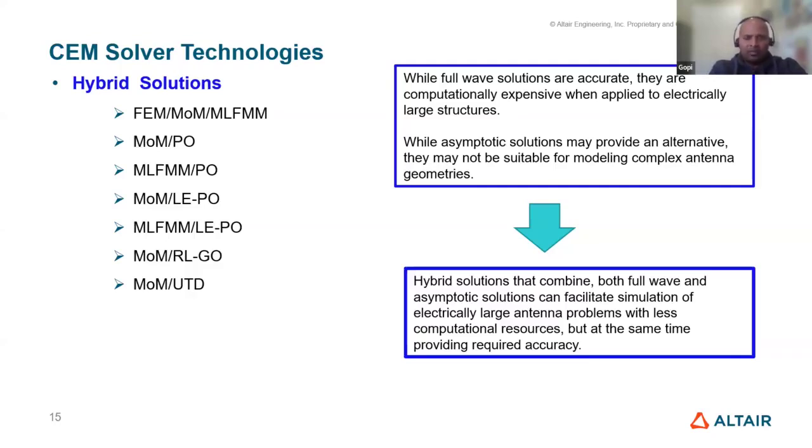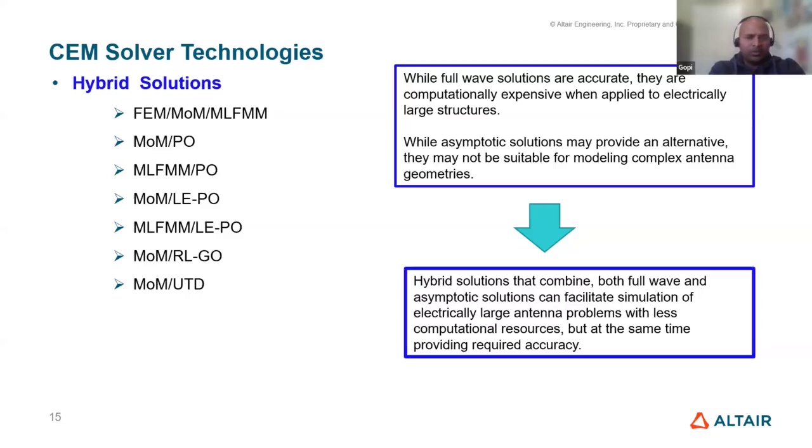Okay? Or when treating problems like coupling between antennas which are separated by a distance, but the antennas by themselves are complex, where FEM might be beneficial, then instead of enclosing both the antennas and the free space between them in an airbox, you can use the hybridization, where the exterior of the antenna can be treated with method of moments and the interior of the antenna can be treated with FEM.